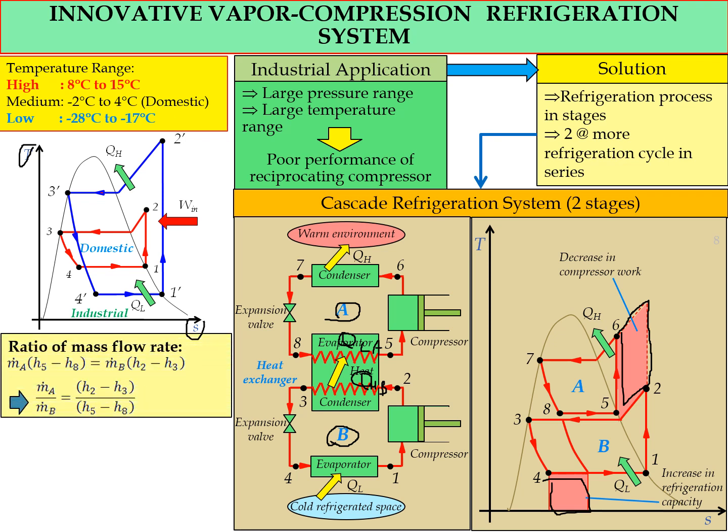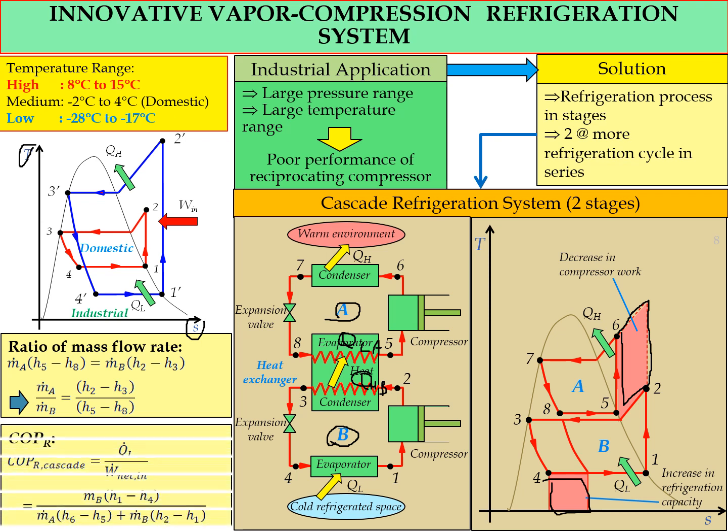From the analysis, we know that the mass flow rate M dot A times in the bracket H5 minus H8 is equal to M dot B times in the bracket H2 minus H3. The ratio of mass flow rate of cycle A to cycle B is equal to in the bracket H2 minus H3 divided by in the bracket H5 minus H8.